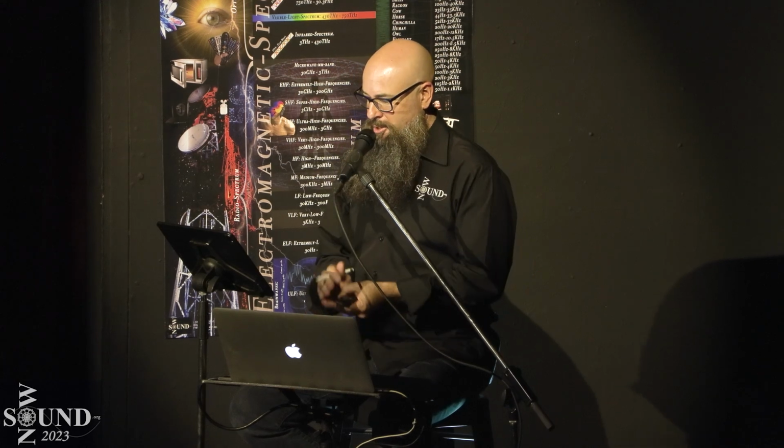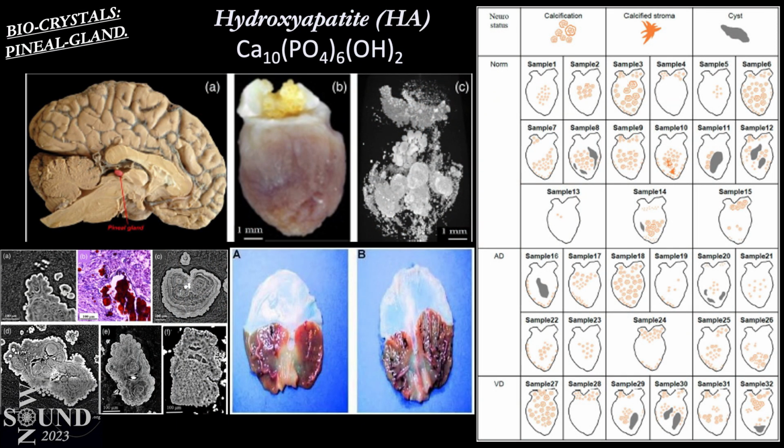And from even the age of 15, they start calcifying. And it increases with age. Now, here's some samples showing calcification. And you can see up top there, it's just riddled with this calcification. It's called hydroxyapatite, with the chemical component name HA.